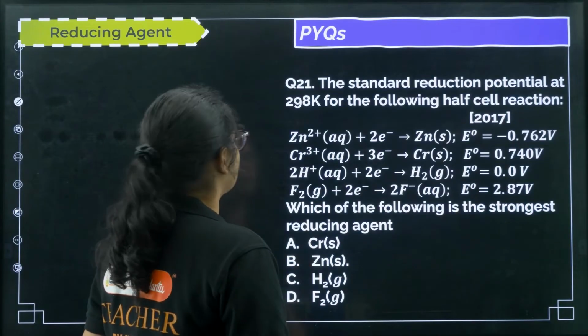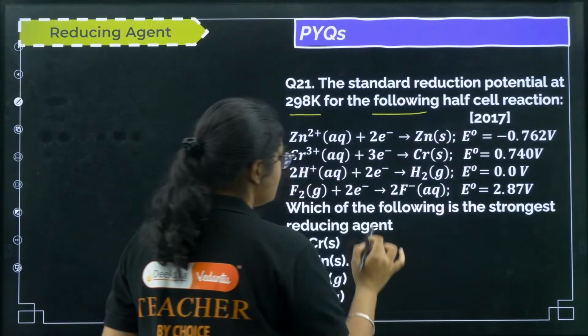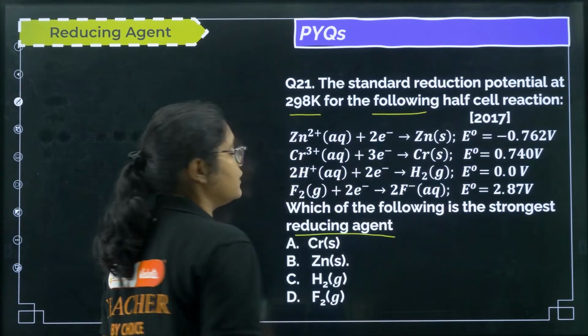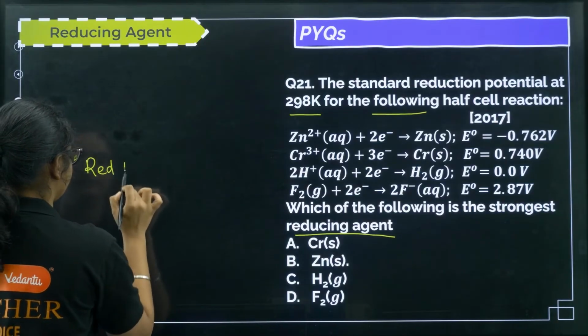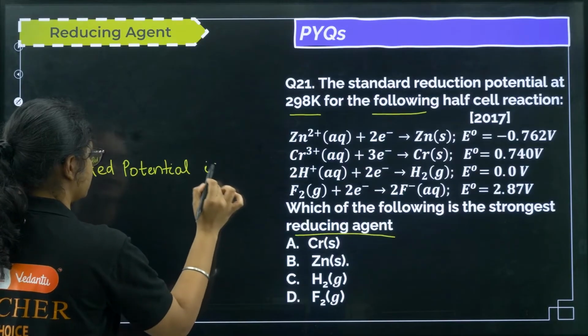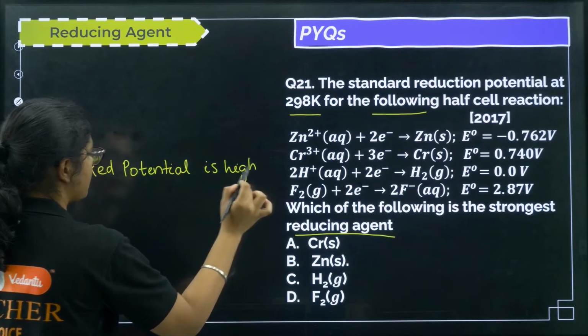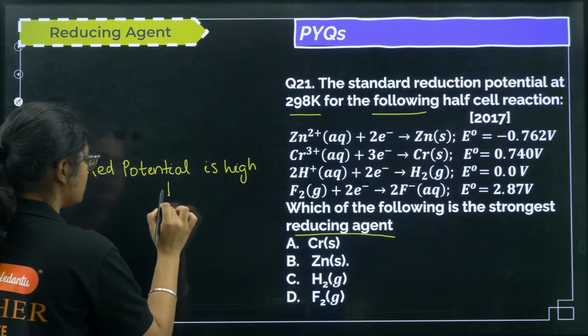The standard reduction potential at 298 Kelvin for the following half cell reactions are given. Which of the following is the strongest reducing agent? So remember, if reduction potential values are given to you, if reduction potential is high, that means it has the tendency to get reduced easily, right?